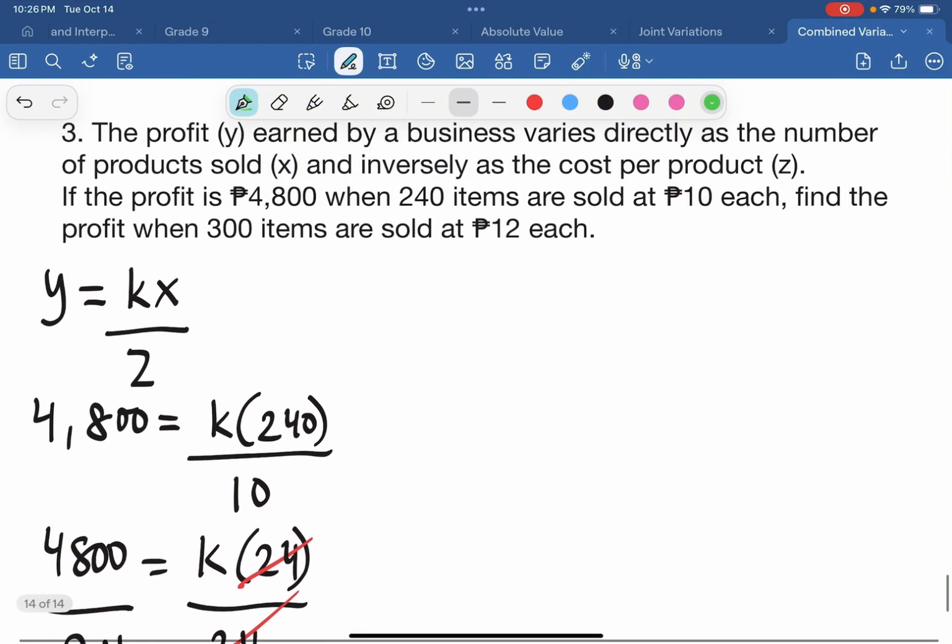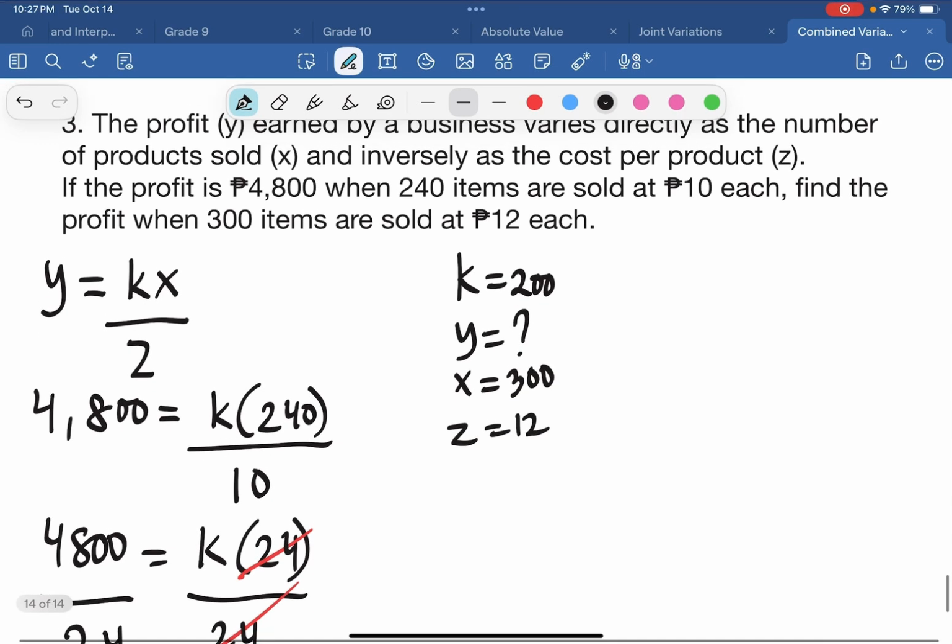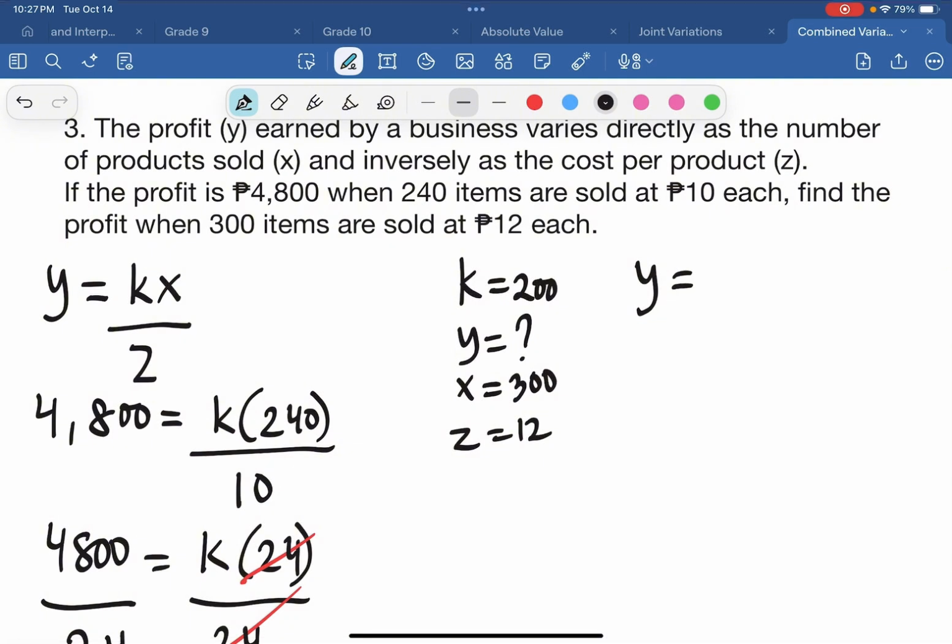Now let's have the second part of the problem. So again, K is 200. Find the profit, so Y is missing. X is 300 and Z is 12 pesos. Now here we have Y equals 200 times 300 over 12.